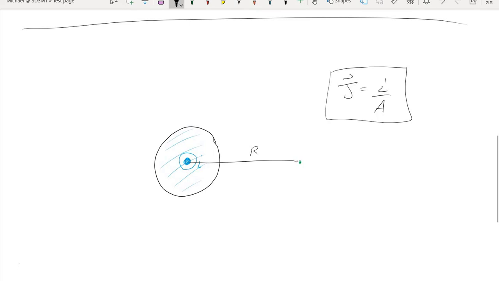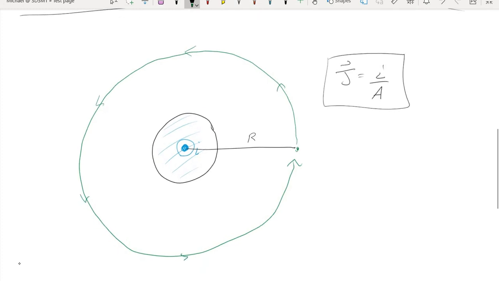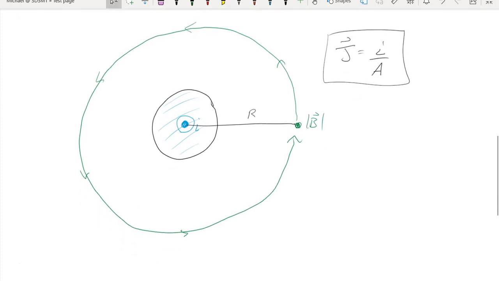If you use the right hand rule and allow your thumb to point in the direction of the current, so your thumb needs to be pointing up out of the page towards you, and then if you allow the curve of your fingers to map out the direction that the magnetic field is going to travel, we should see the magnetic field orbiting around the wire like so. And I want to know the magnitude of the magnetic field right there at a distance of r.